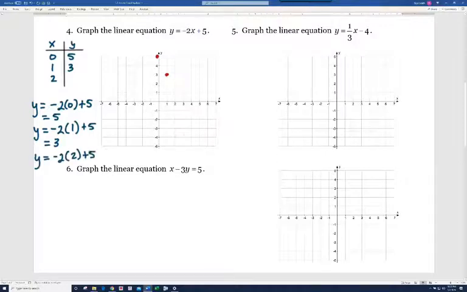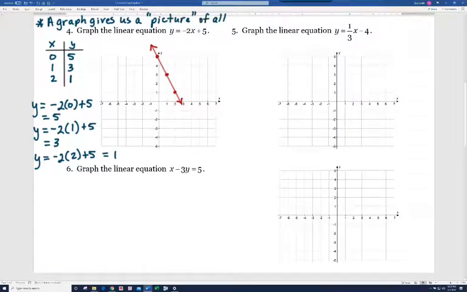When you plug in 2, you get negative 2 times 2 plus 5, and that's going to be negative 4 plus 5, or 1. So 2, 1 is on the graph, and you can see that the points do line up, and so there's our solution. And so remember, every point on that line represents a solution to this linear equation. All right, I would encourage you to try the next 2 and then watch the video.